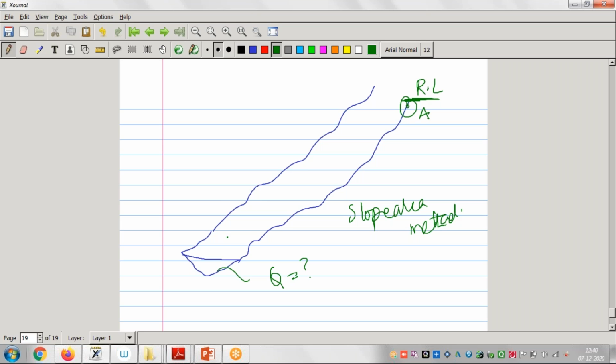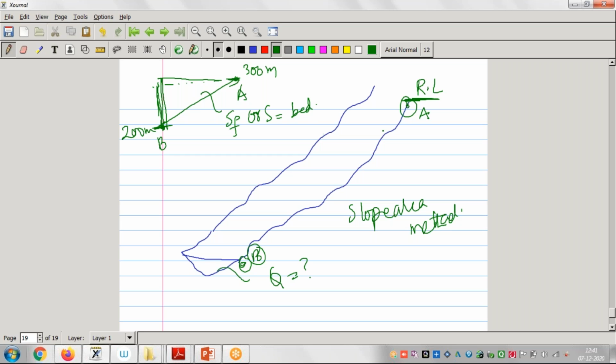Suppose this point is A and this point is B. If the RL of A is 300 meters and the RL of B is 200 meters, then the levels of these two points are known to you, so you can calculate SF, or we can say the bed slope, right? Is this clear what I'm saying?